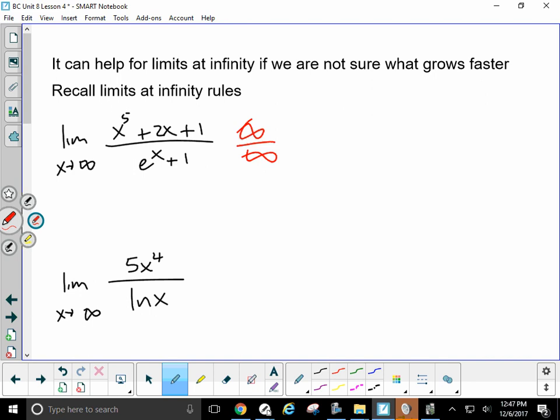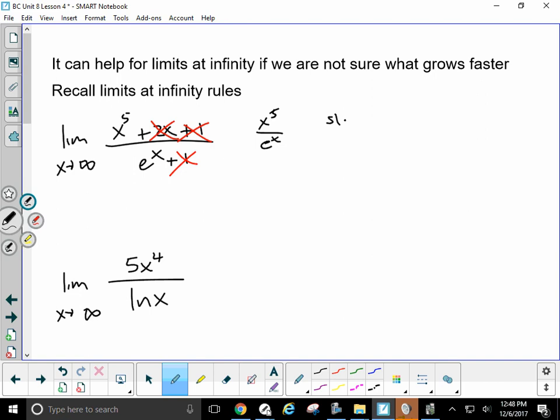Now, I would not want you to use L'Hopital's rule for this question. I would want you instead to remember how you find horizontal asymptotes, the relative growth, and the importance of the growth of functions. And I'd want you to say the 2x doesn't matter, the 1 doesn't matter, that 1 doesn't matter. We're just comparing x to the 5th over e to the x.